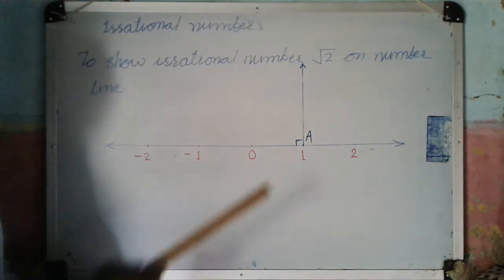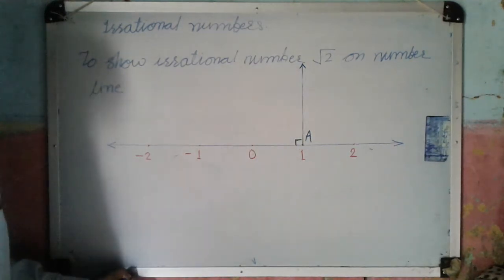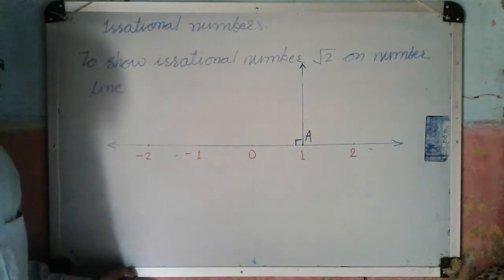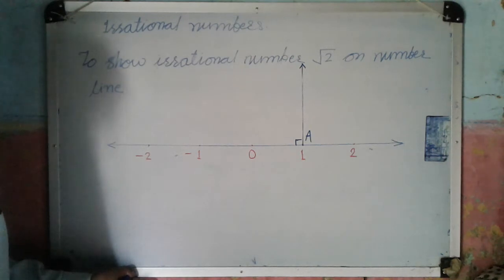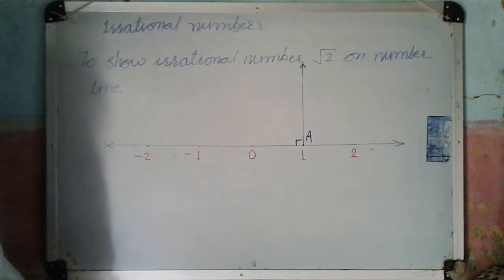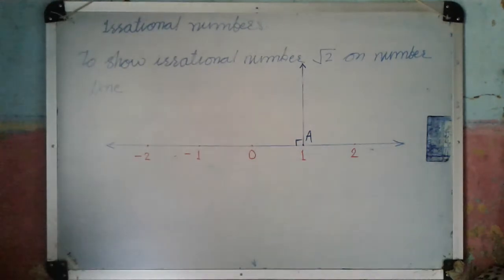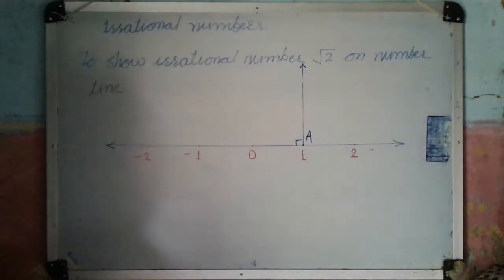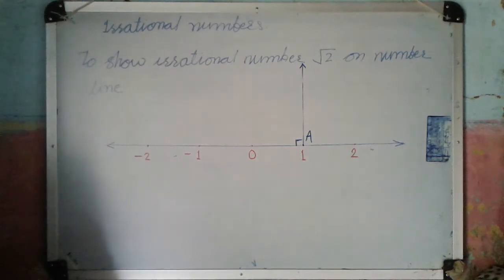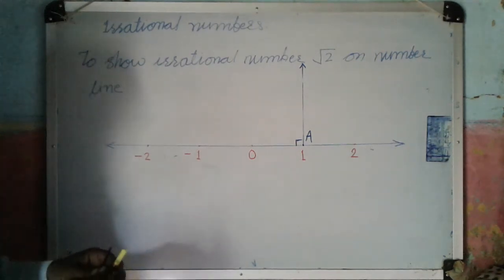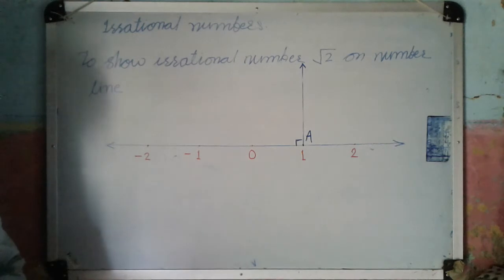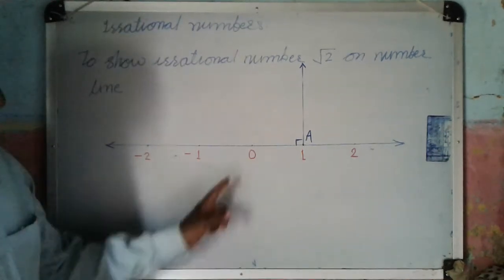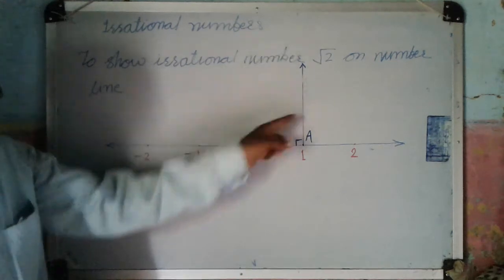To draw the perpendicular line, you use the set square which is in your compass box. Using set square you can draw this perpendicular line. Now on this perpendicular line take point O.